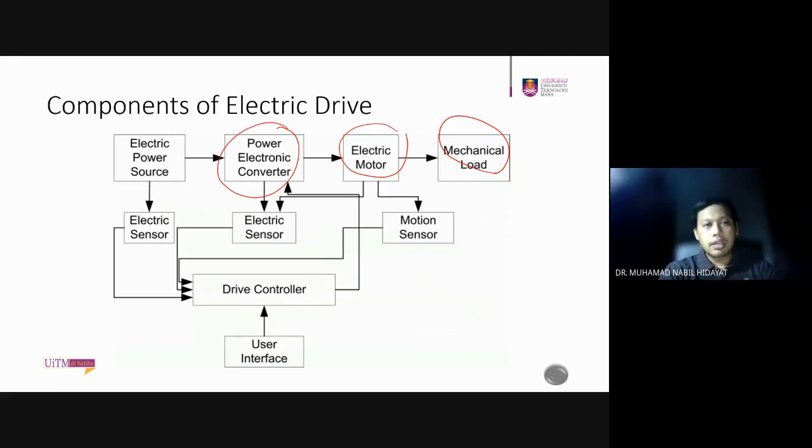With the help of sensors attached at the load, the motor, the power electronic converters, and the power source, all this information will be connected to the controller. The controller will supply the switching signal to the power electronic converter based on the user requirement.